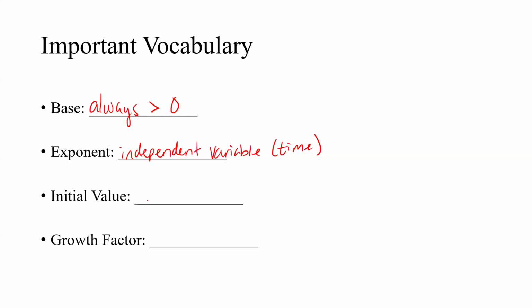Your initial value is your amount at x equals 0. What is your value at x equals 0? And your growth factor, you know that it's a growth factor if your base, your b, is greater than 1. What makes it greater than 1 is that it's 100% plus your percent change.